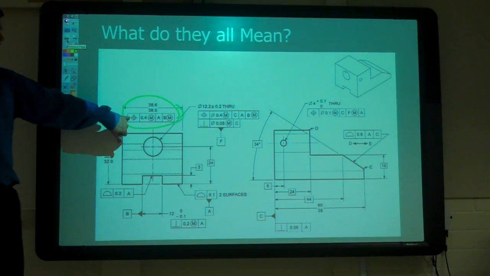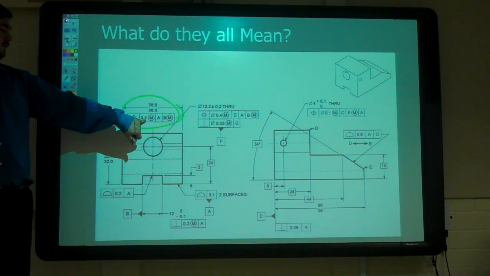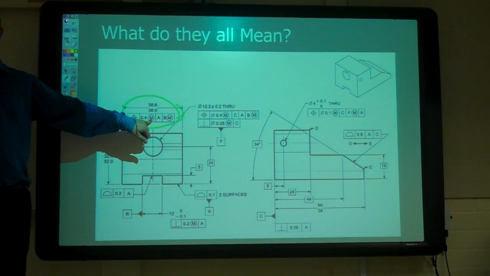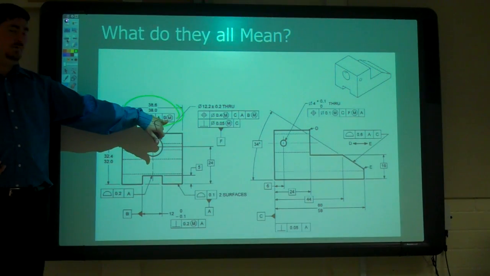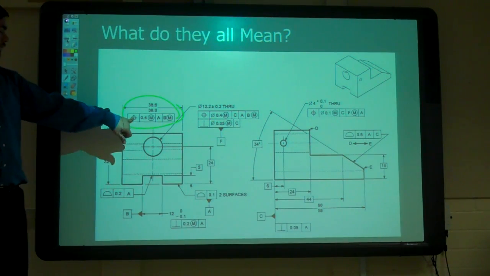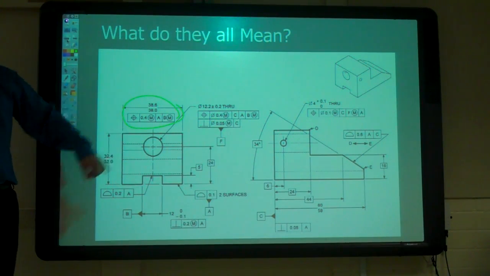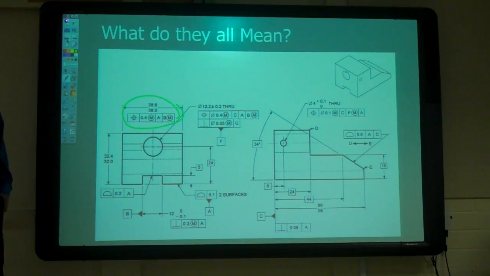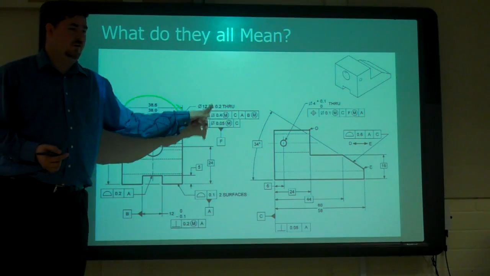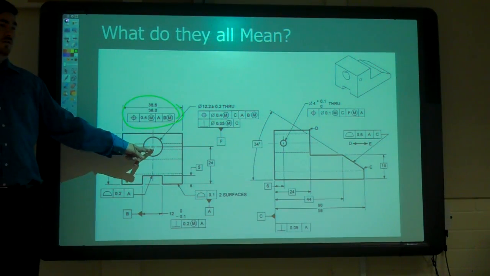Let's read through it. So position is 0.4 max in maximum material condition relative to datum A and B, and B at maximum. So the position of what? Position of the hole. What hole? No, it's position of that part. No, because this is the tolerance about the hole. Position of that part.